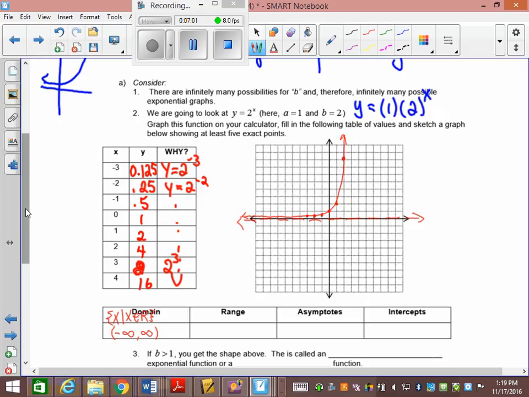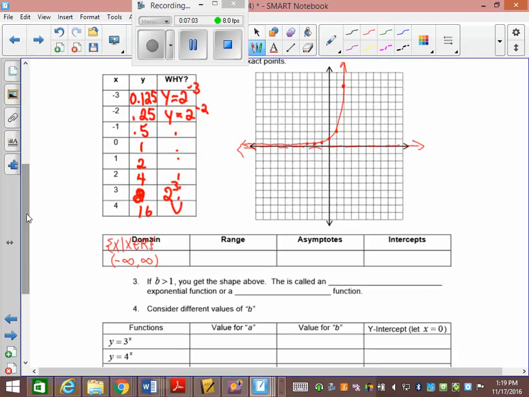Yeah, so it's going to be y is greater than 0, or from 0 to infinity, because you can't equal 0, that's where your asymptote is. There's absolutely no graph down here, right?